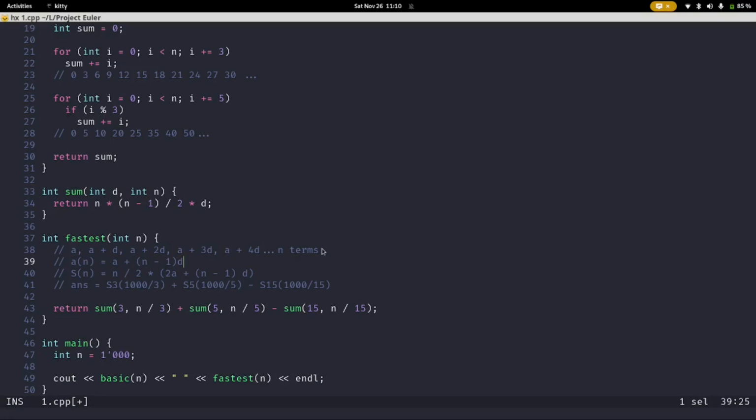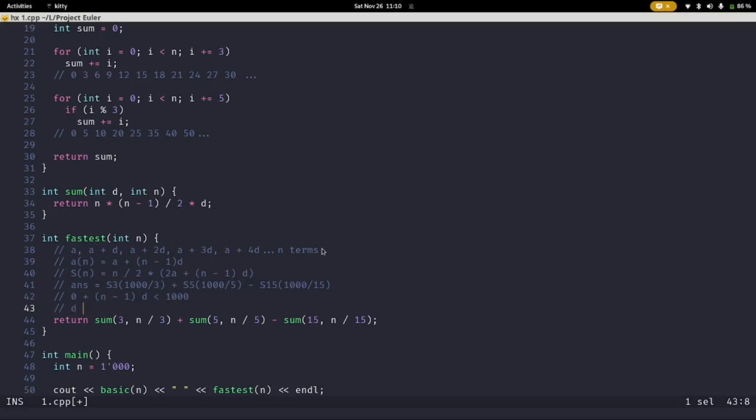And now to find n, if we want to keep it less than 1000, a plus n minus 1 times d should be less than 1000, which means n should be less than 1000 over d plus 1. This is what should be the limit of n.